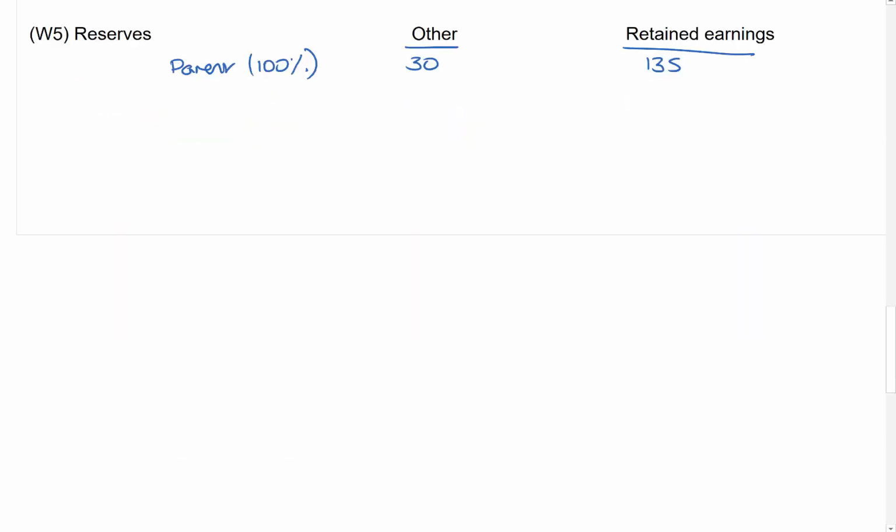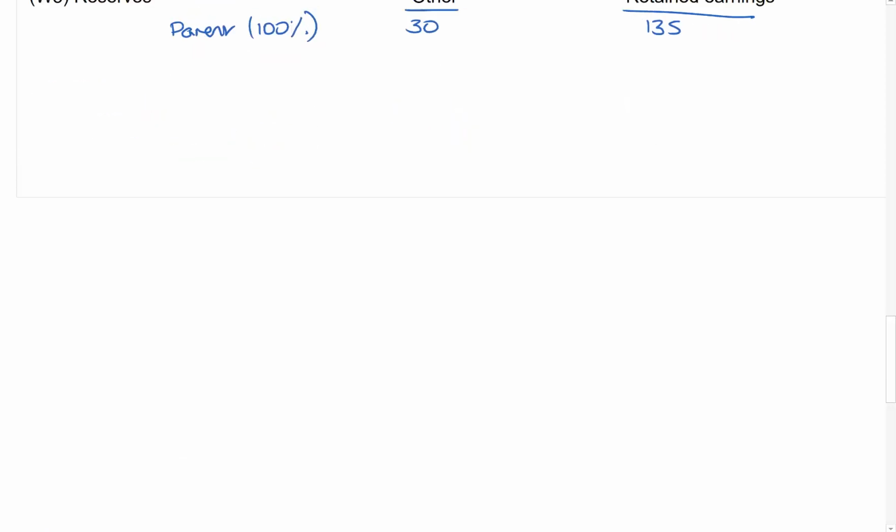So what I'm going to do here is set up a fresh working number 6. Is my pension. During the year, the loss on remeasurement was 1 million, and the gain on remeasurement on the assets was 900,000.